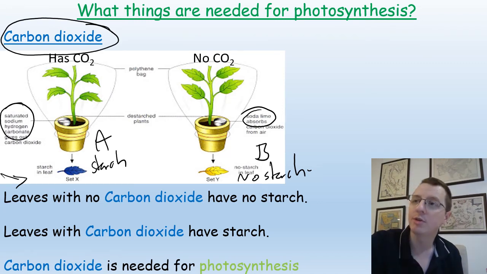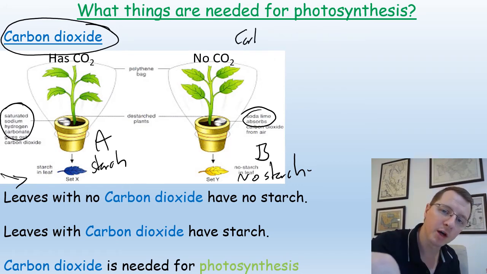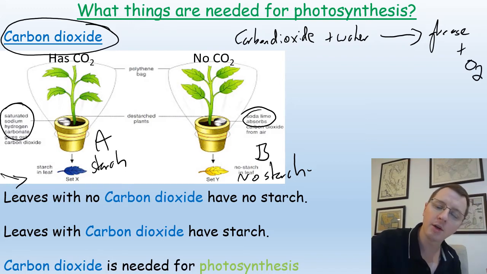And we can use this information to begin to build up our word equation for photosynthesis. We've just proved that we must have carbon dioxide in that word equation. We know that we've got to join that with some water, and we make the glucose that we test for, and we make the oxygen. But we can't have this equation.